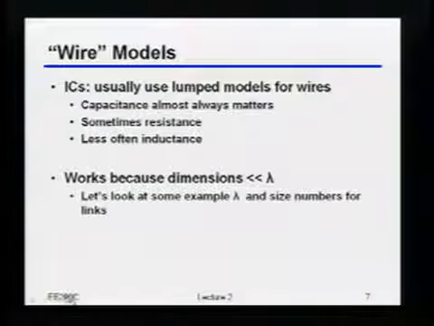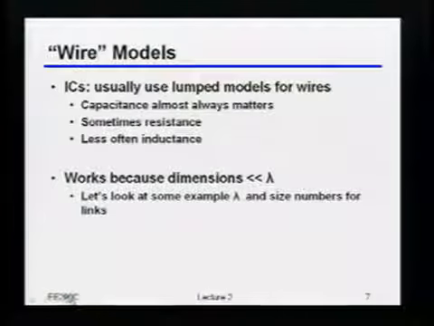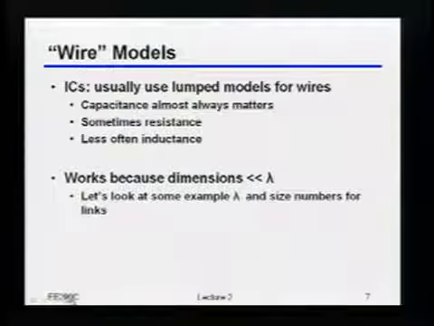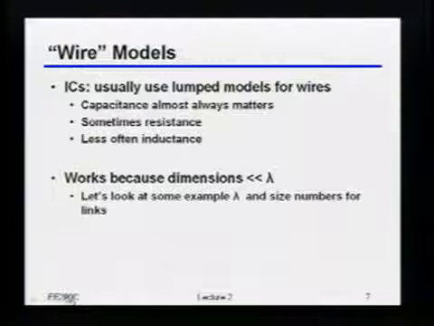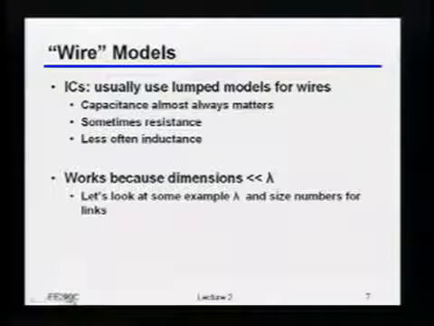Meaning most of the time, in 90-something percent of the wires you've got, you figure, okay, that wire has some capacitance, so I'll just model that. Sometimes the wire's long enough that you actually care about the resistance, so you model that. And then occasionally, for crazy wireless people who care about inductance, they'll even model that too. But usually these lumped models are a pretty reasonable thing to do.